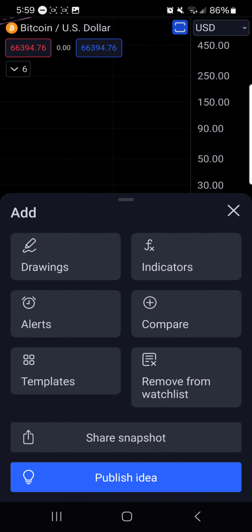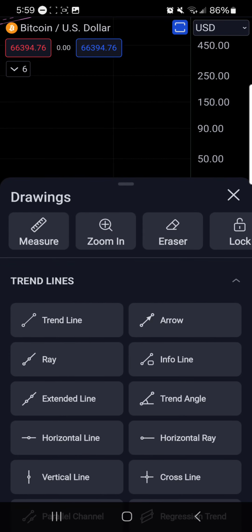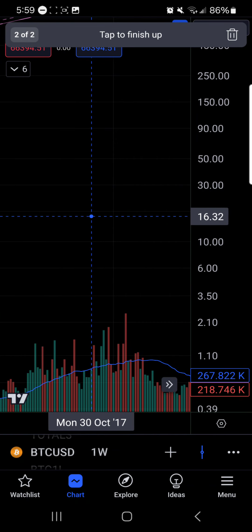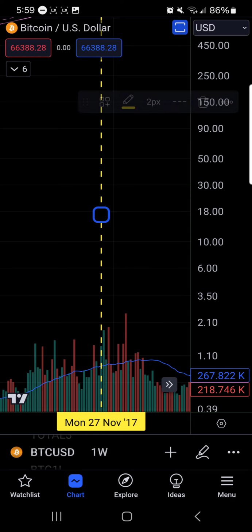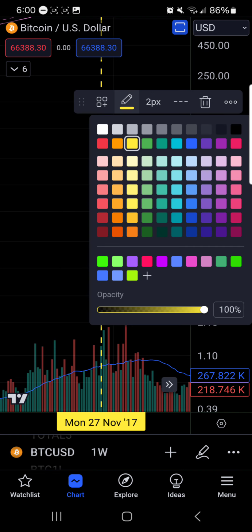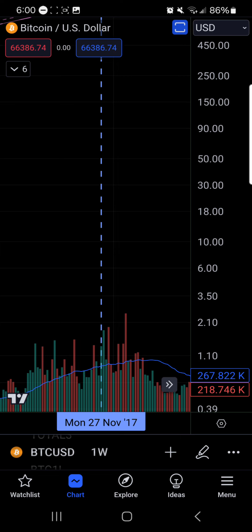And let's mark that off with a vertical line. November. So it would be this week right here. I'll just mark it off on a weekly time frame for now and make it our blue color. There you go.